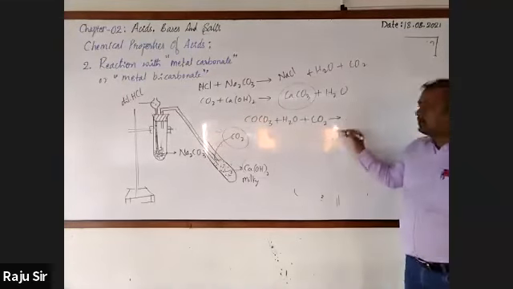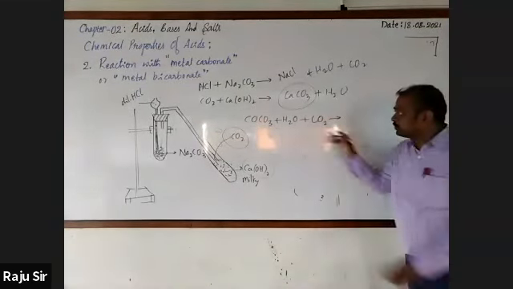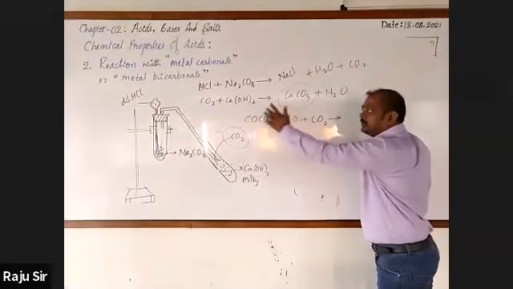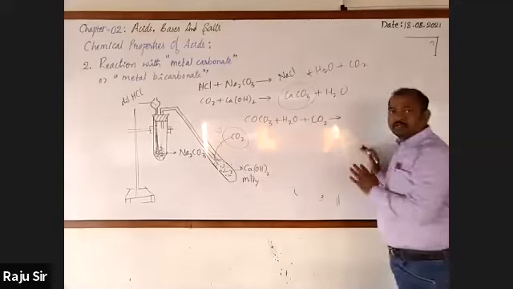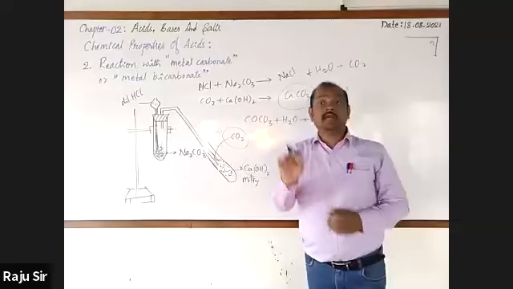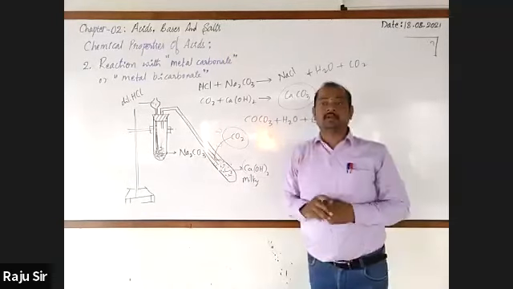As we pass an excess amount of carbon dioxide into the calcium carbonate and water, we get a dissolved salt called calcium hydrogen carbonate.